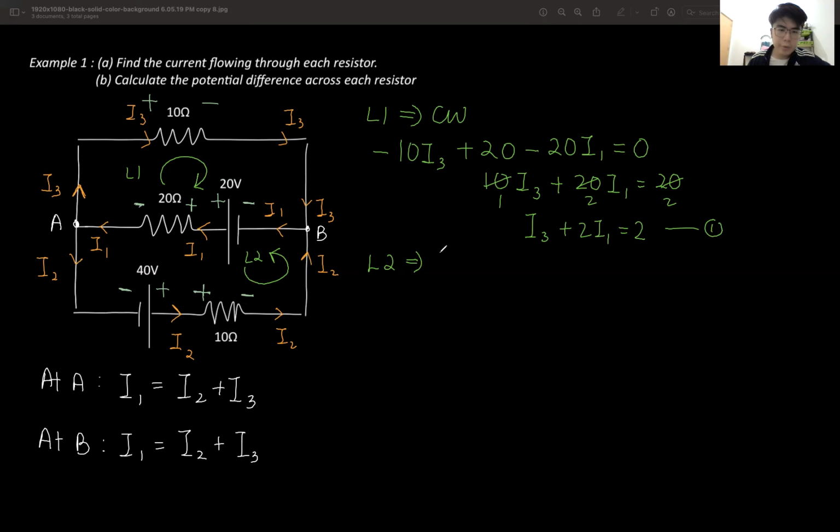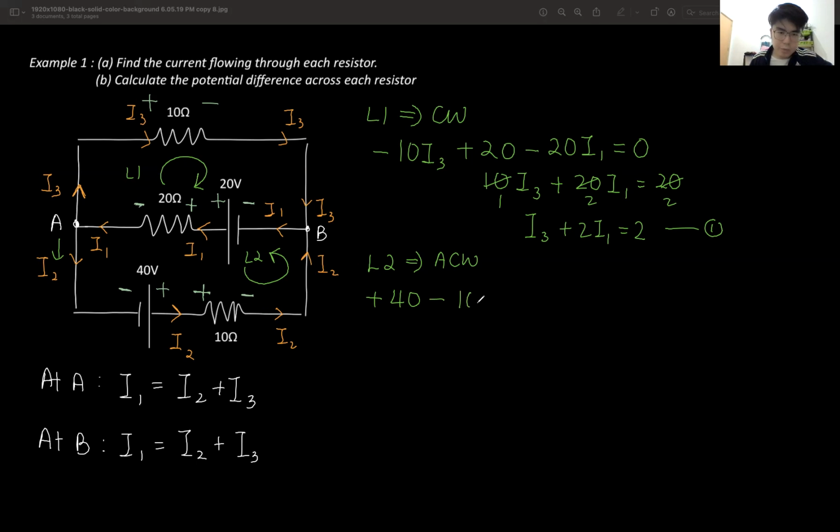L2, I go anti-clockwise. Okay, so anti-clockwise start somewhere. So I start from A, go down to the 40-volt, minus to positive. So that's a positive 40. Okay, and then to the 10 ohm, plus to minus, that is a minus.